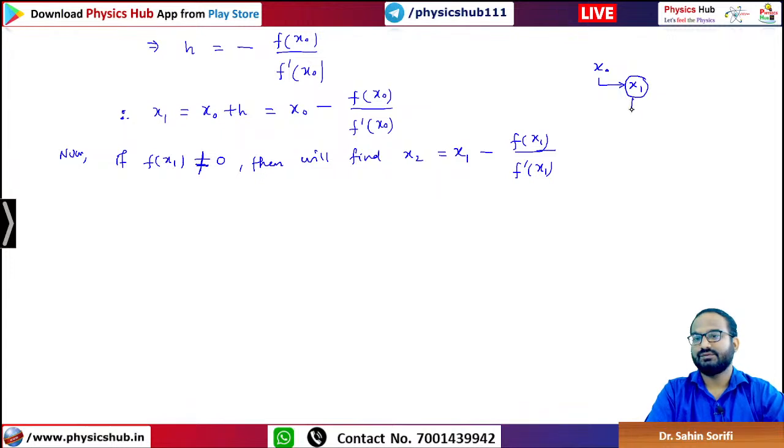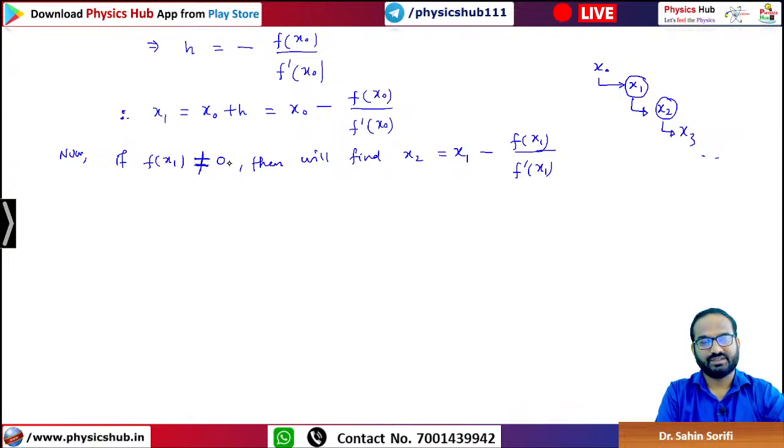If you repeat this procedure, you will reach x2, which will be closer than x1. If you do another iteration, you will get closer and closer to the actual root. In your examination, they will fix 3-4 iterations, whatever is asked. They may ask you to do 3 iterations and tell the root.